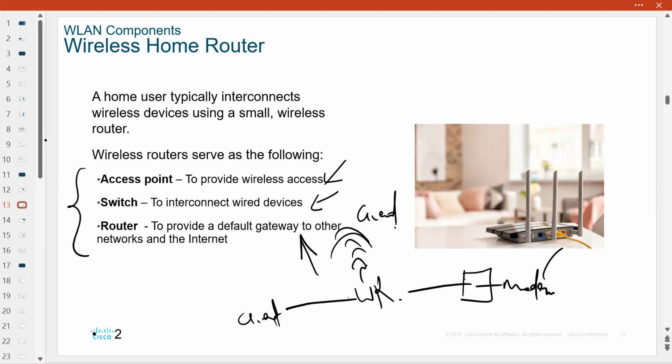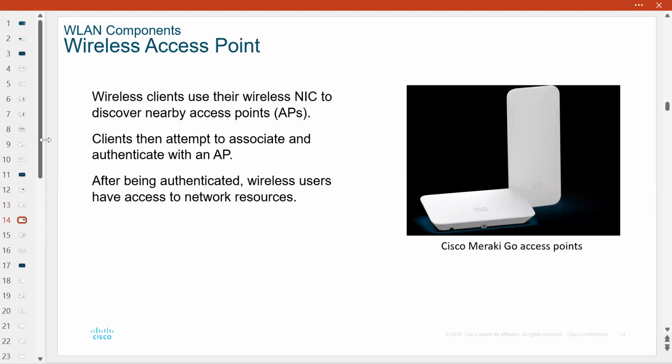This is where the internet is, right? Our modem gives access to the internet to our wireless router. Then we configure our wireless router to offer a wireless network to our client as well as wired to our client as well. That's the wireless router. Those are the configurations we are going to do for the wireless router. My access points, they just offer wireless access.